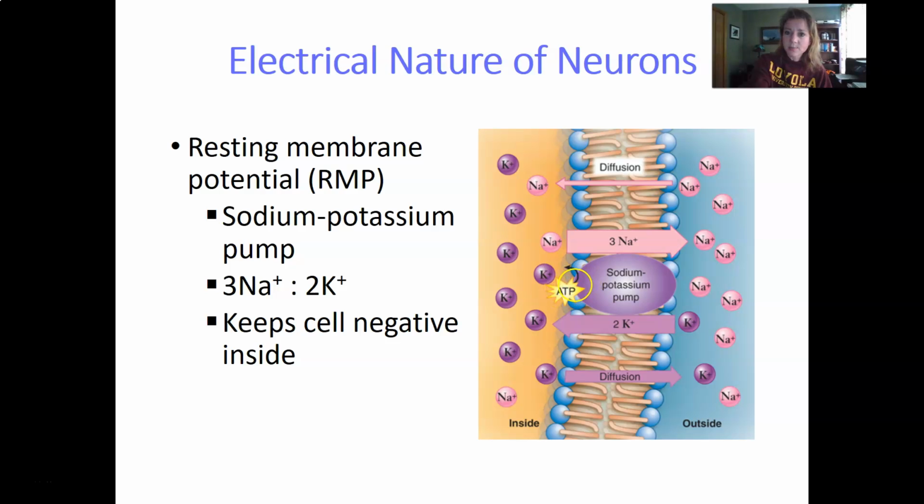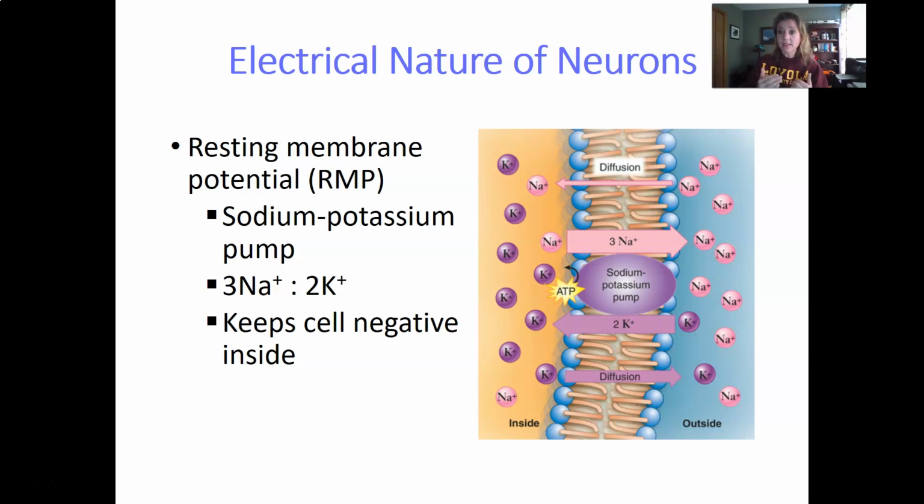So here's our ATP molecule. And when our pump is activated with ATP, it is going to force 3 sodium ions out of the cell and pull 2 potassium ions back into the cell. So notice that we have a 3-to-2 ratio.